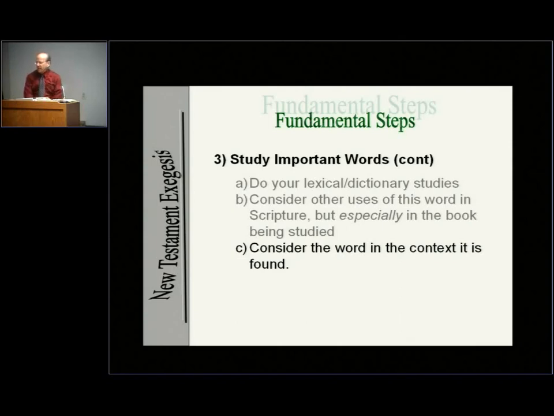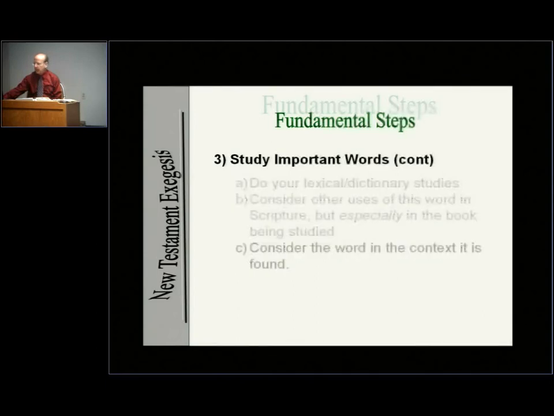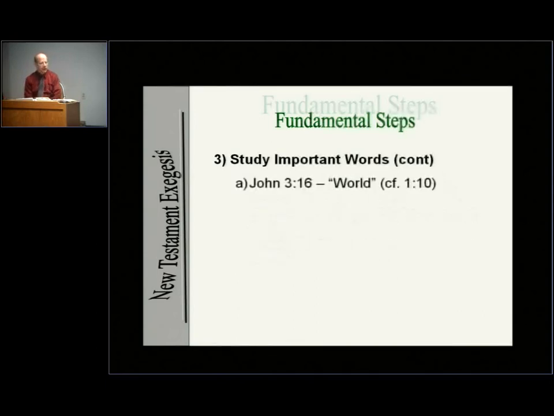All right. So after you've done A and B, now C, you're going to consider the word in the context in which it is found. All right, some examples. In the Gospel of John, one of the key words is the word cosmos.